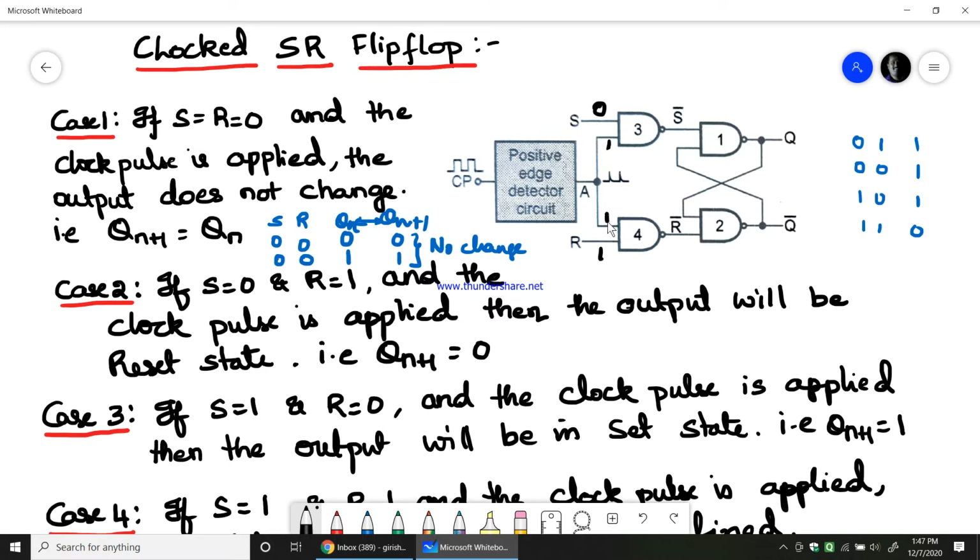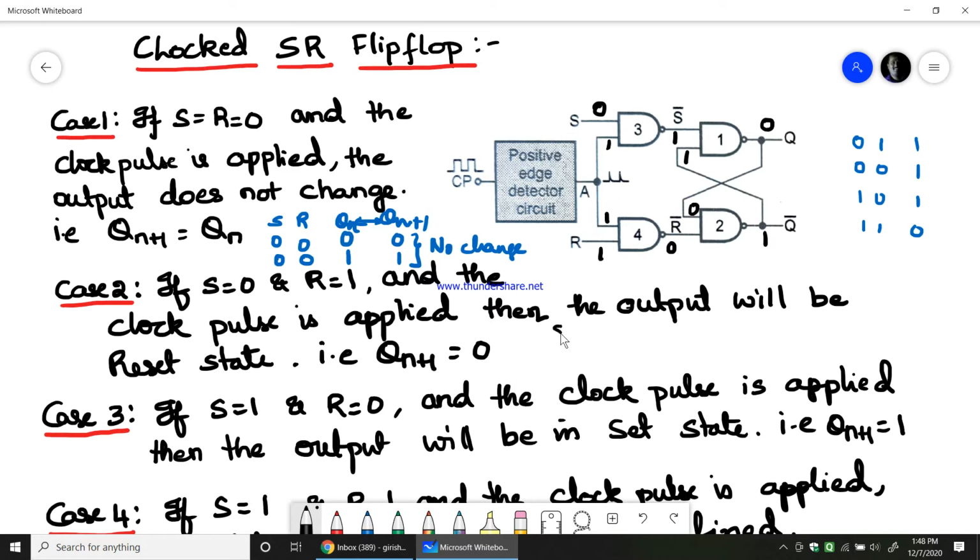So 0 NANDed with 1 will give you 1, and 1 NANDed with 0 will give you 0. Now when we assume Q is 0, this 0 is given to this, so 0 will give me 1, and this 1 is given here; 1 NANDed with 1 will come again 0. So 0 was assumed, 0 came here.